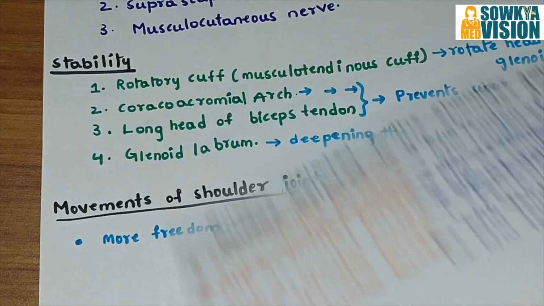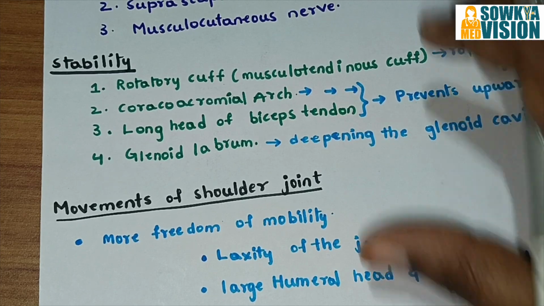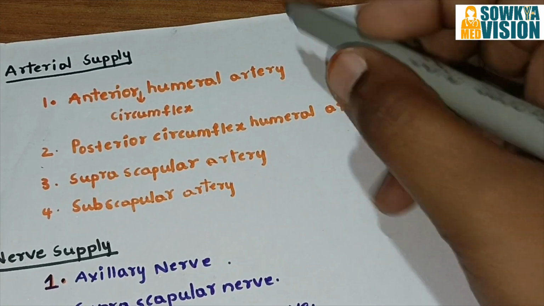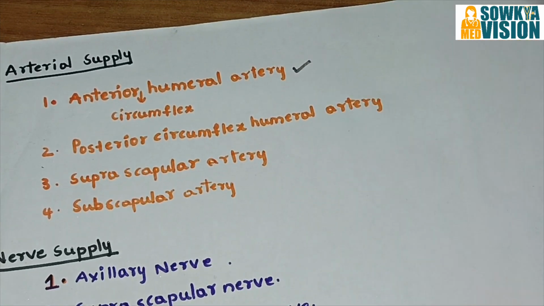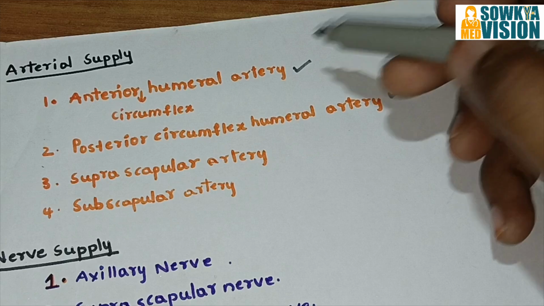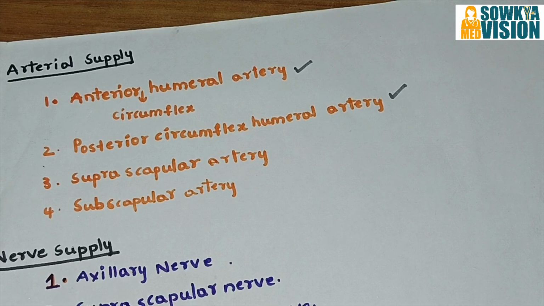Now let's see the arterial supply and the nerve supply of the shoulder joint. The main arteries that supply the shoulder joint are the anterior circumflex humeral artery and the posterior circumflex humeral artery. These are the two arteries majorly involved in the blood supply of the shoulder joint.